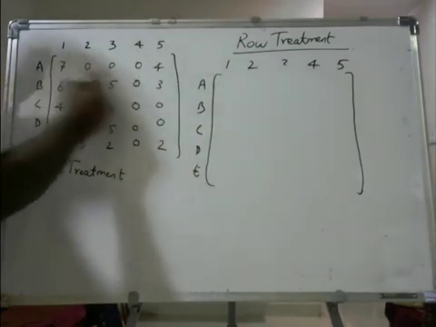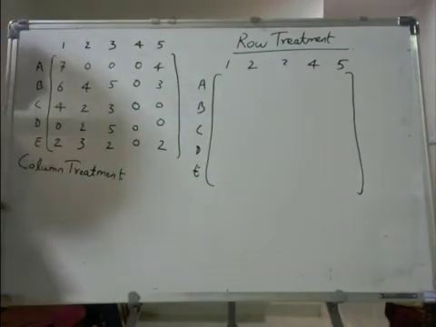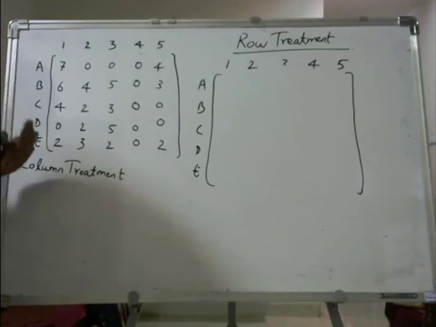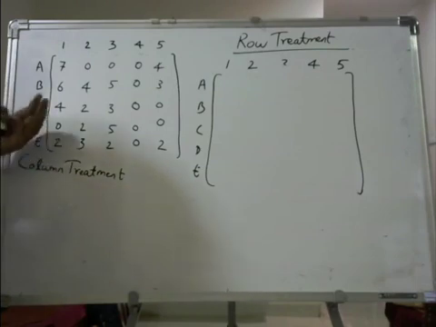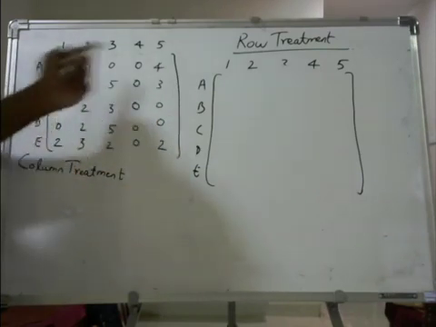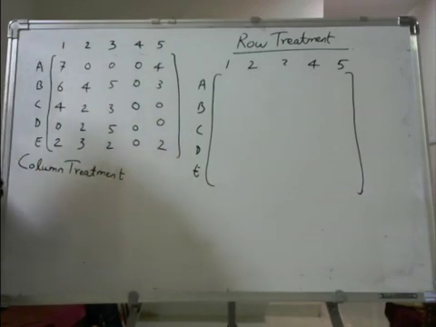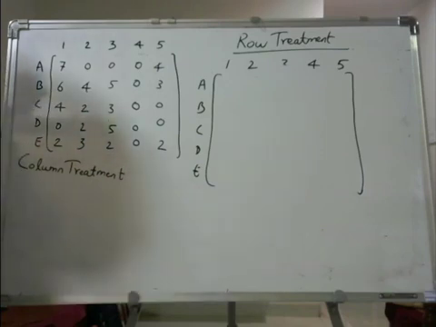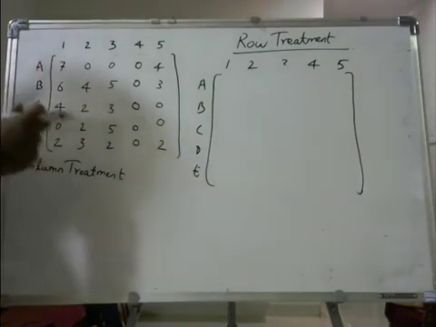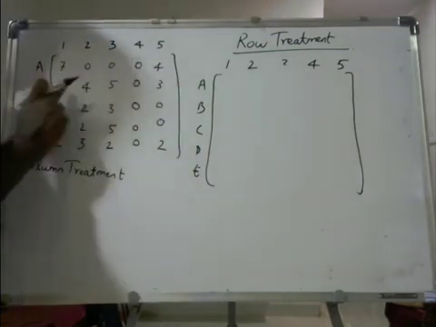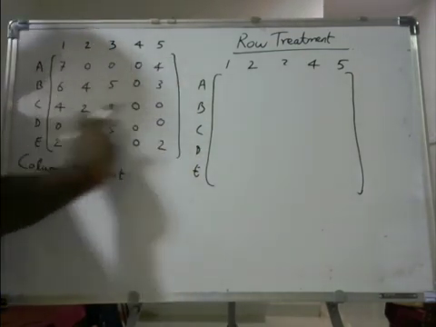You cover all the zeros with the minimum number of lines. You cannot draw more lines than necessary, and the first line will be drawn on the row or column which has the maximum number of zeros. In this matrix, let us see, here it has 3 zeros, then 1, 2, 2, 1.